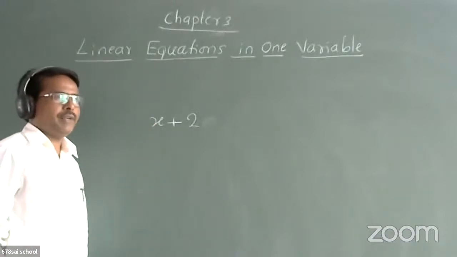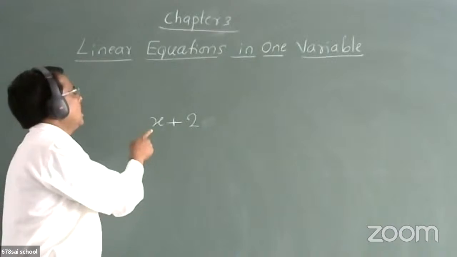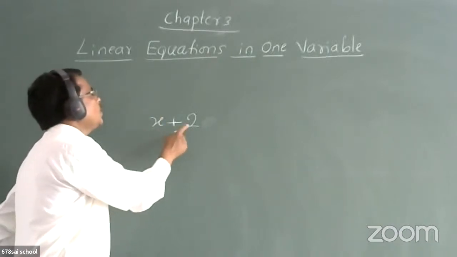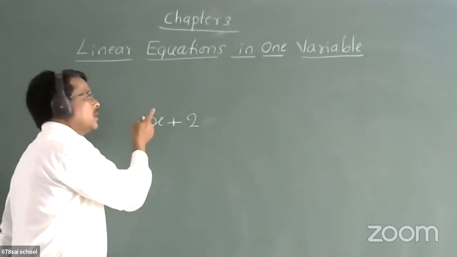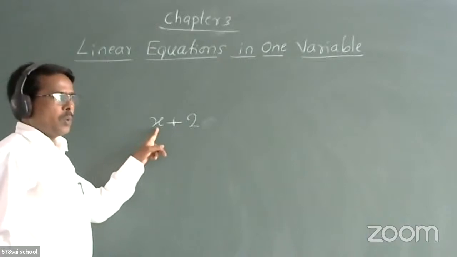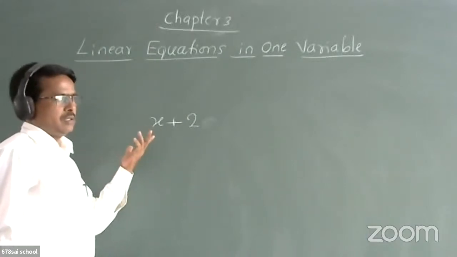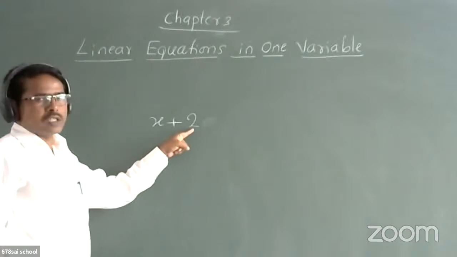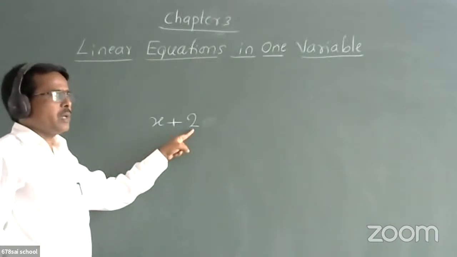I can call this a number, or 2 added to a number. X can be anything, it takes different values. This 2 is a constant, which will not change its value.